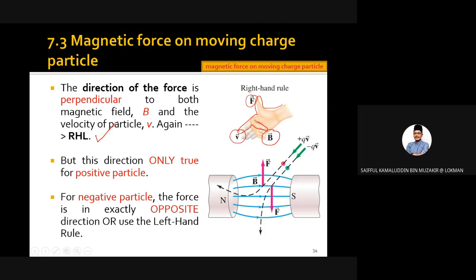So this is the third right hand rule. The first one, when we try to determine the direction of the magnetic field in a current-carrying wire, is your first right hand rule. If you still remember, your first right hand rule is the thumb like this, followed by all your fingers curled up like this.